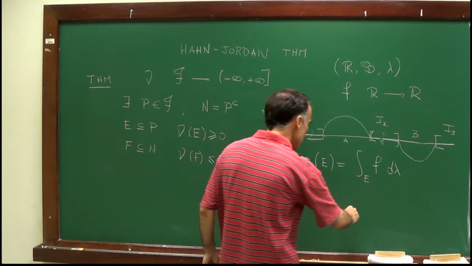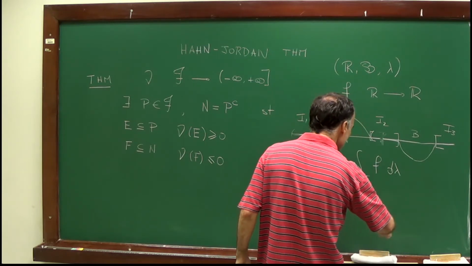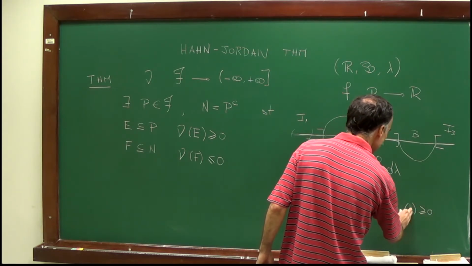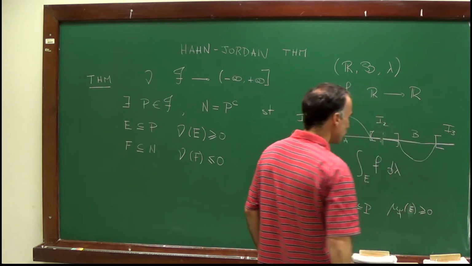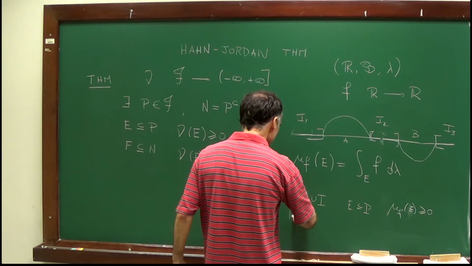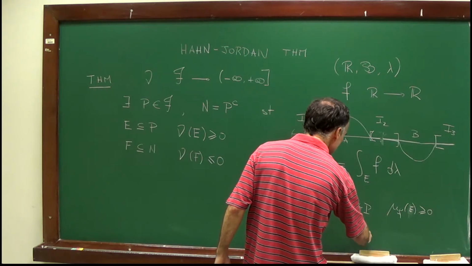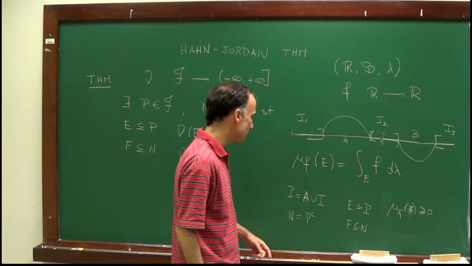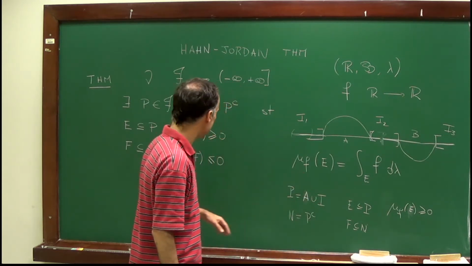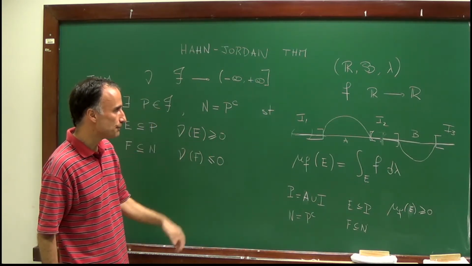And of course, if E is a subset of P, then mu f of E will be non-negative, and if I define N as the complement of P, any subset F of N will have non-positive value. So you see, I have freedom in choosing. So it's clear that in this decomposition, the set P and the set N are not unique.